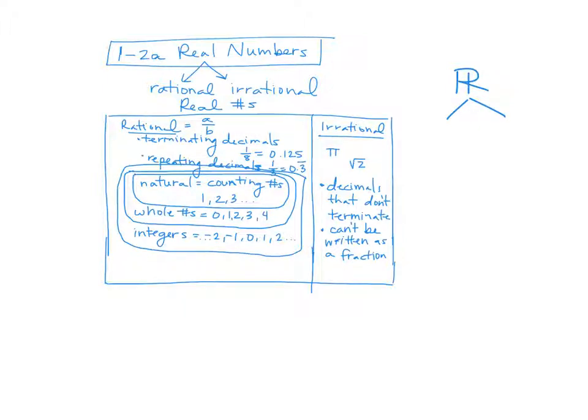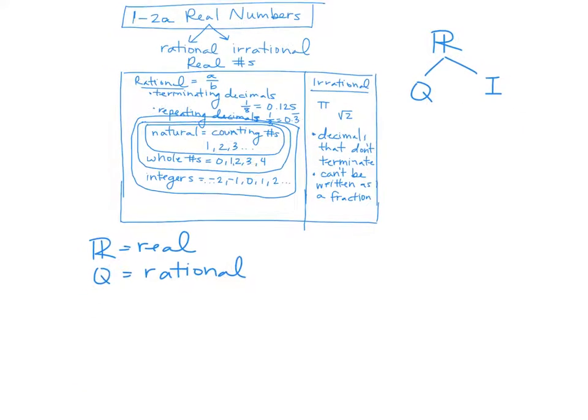Q is rational, whereas I is irrational. And I can make a little key for you down here. So this is real. Q is rational. And you don't need to stress to remember these. It's just kind of a shortcut way to show them.